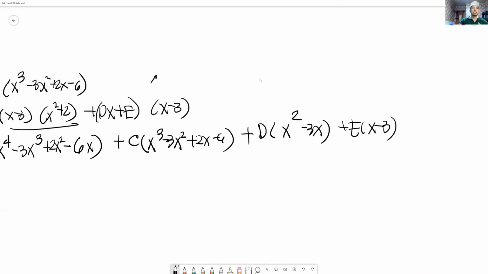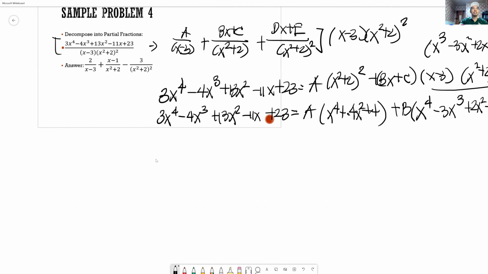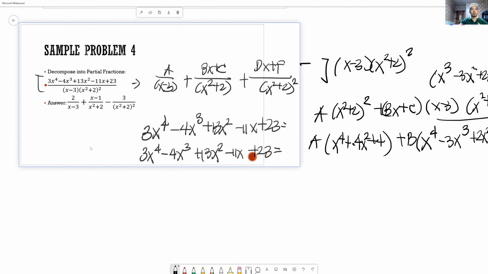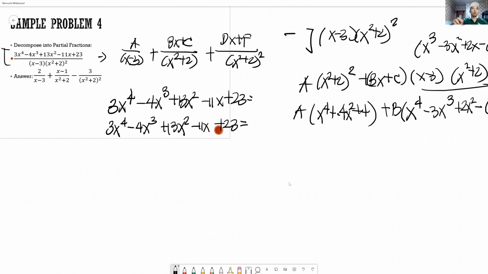Okay, so let's now take the coefficient terms. So the highest degree exponent is x raised to 4th. So therefore, we have here x raised to 4th, x cubed, x squared, x raised to 1 and x raised to 0.